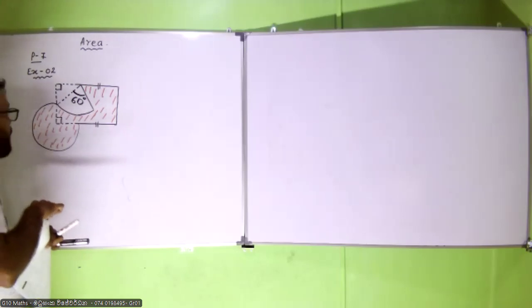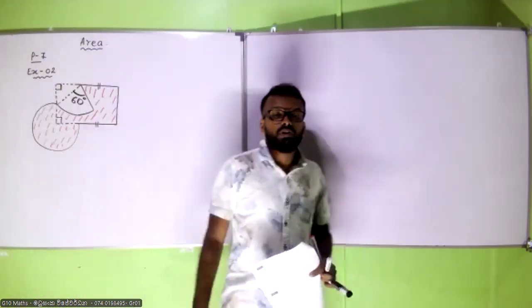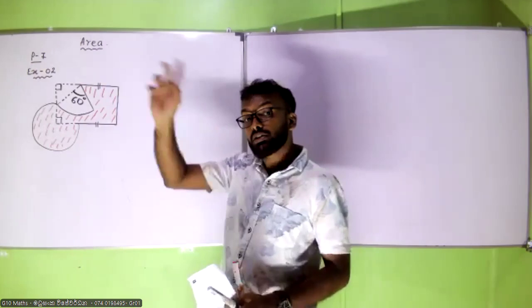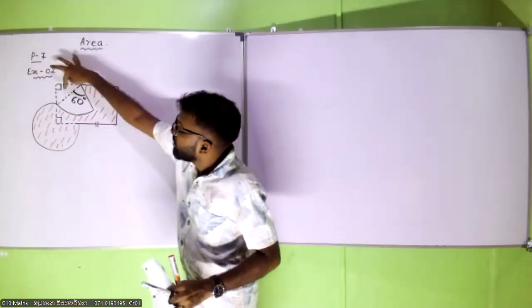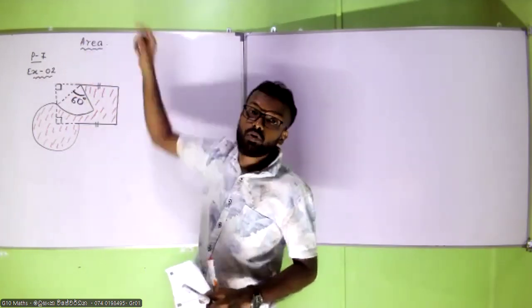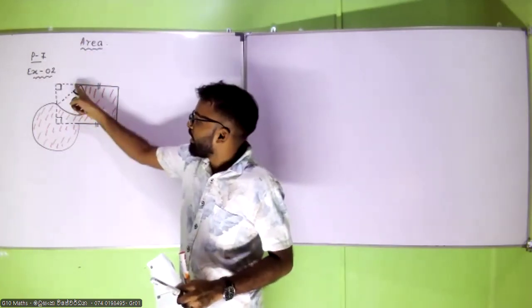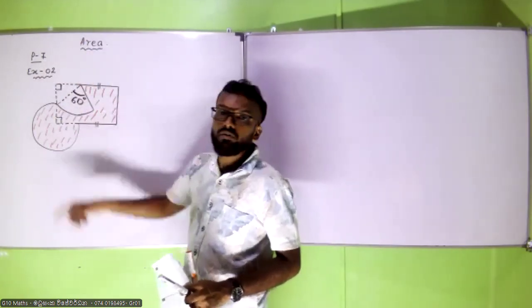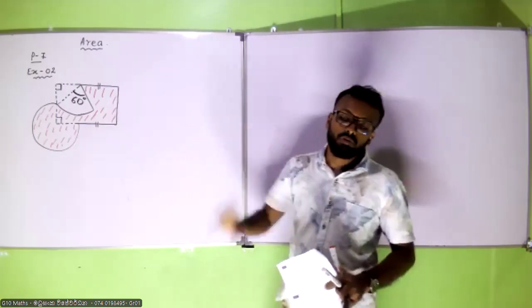All the other parts have been removed. So what are the parts that have been removed? This right angle triangle on the left corner, and this sector of the circle has been removed.